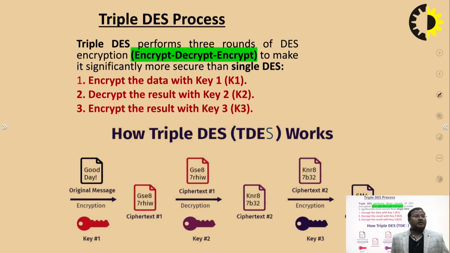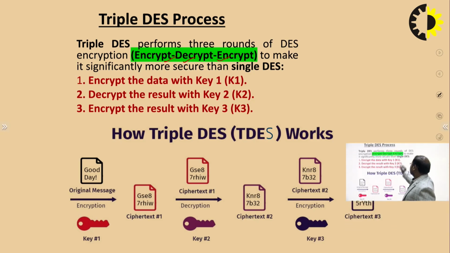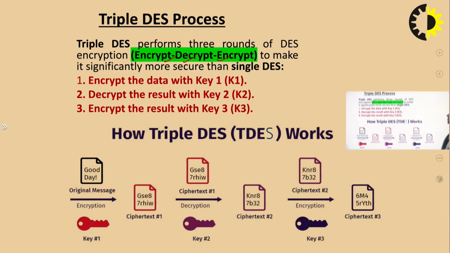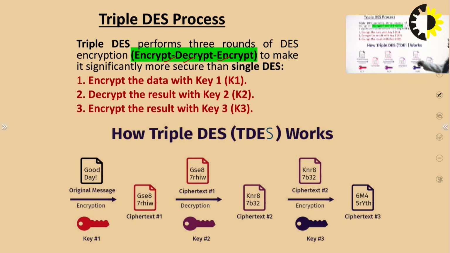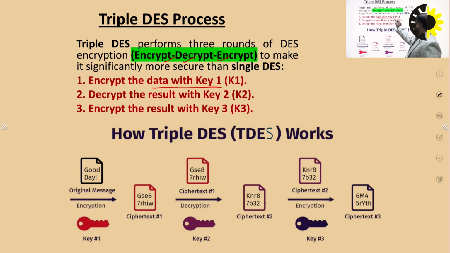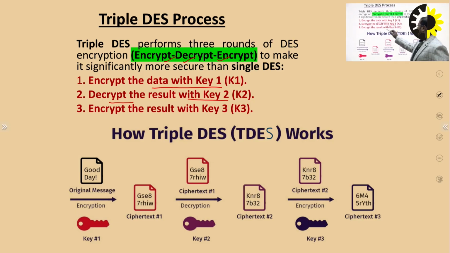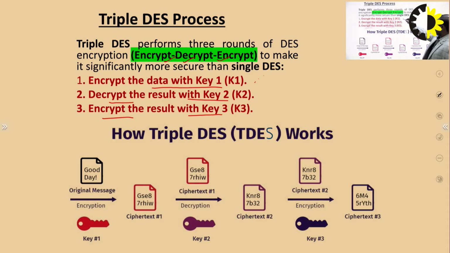In triple DES, we perform 3 rounds of DES: encryption, decryption, then encryption, to make it more secure than single DES. So encrypt the data with key 1, then decrypt the data with key 2, and again encrypt the result with key 3. So K1, K2, K3 are 3 keys.